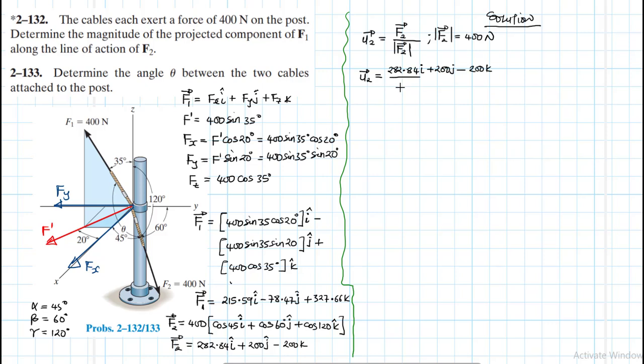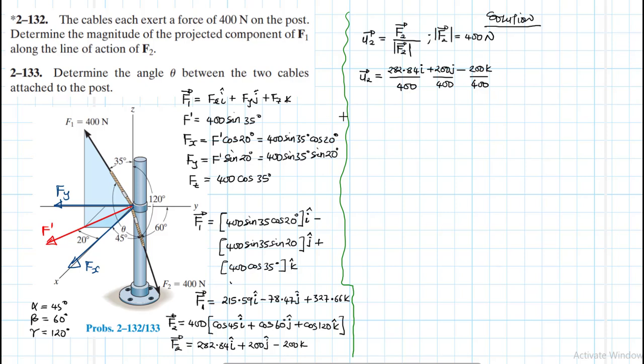Then each one we are dividing by its magnitude. So this is the unit vector, and we know the magnitude of a unit vector is always 1. Great. So now, having done that, what did we say? We said we need to dot the two vectors. What are we dotting? We are dotting force vector 1 and the unit vector 2.